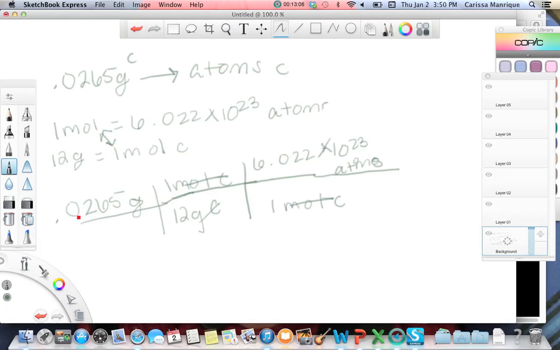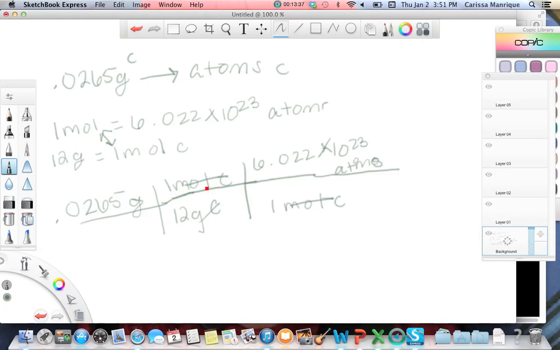Now let's see what I have. I'm going to have 0.0265 multiplied by 6.022 times 10 to the 23rd. I'm getting my calculator out right now. So I have 0.0265 multiplied by 6.022 times 10 to the 23rd, and I get 1.59583 times 10 to the 22. Okay, now I'm going to divide that number by 12 because it's down here.